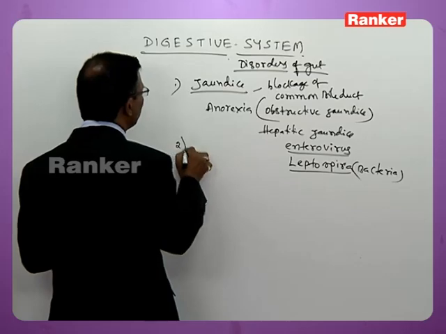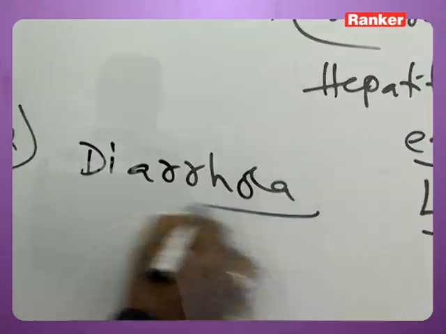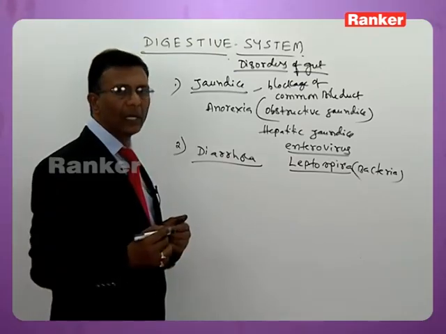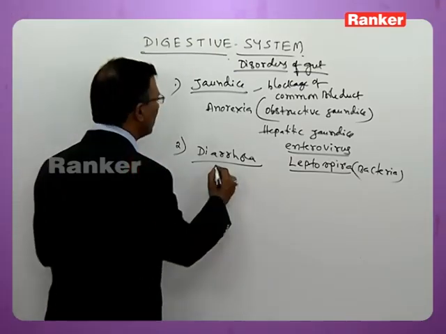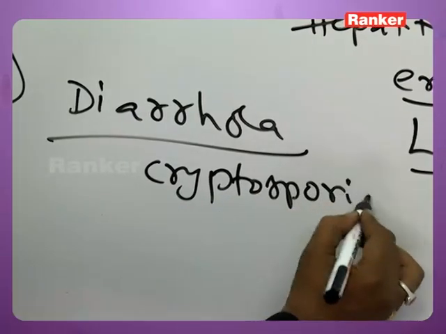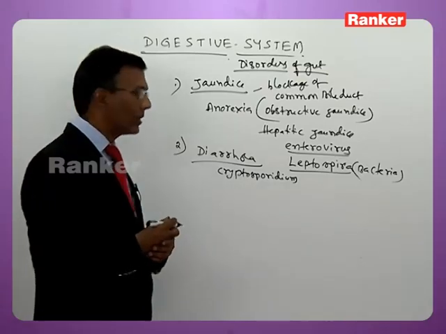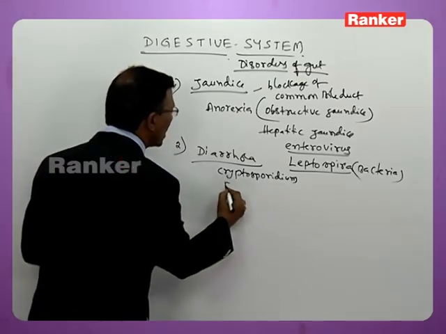The next you have diarrhea. Diarrhea is caused by several bacteria, like Cryptosporidium, sometimes Escherichia coli.